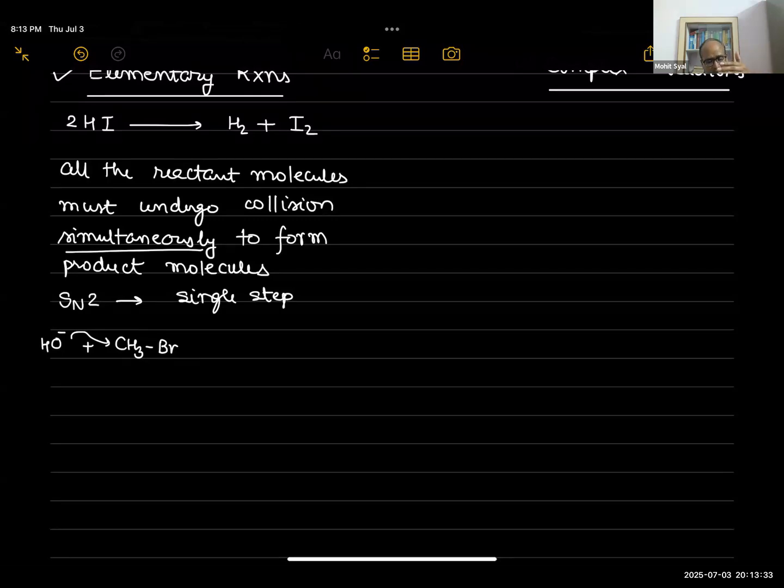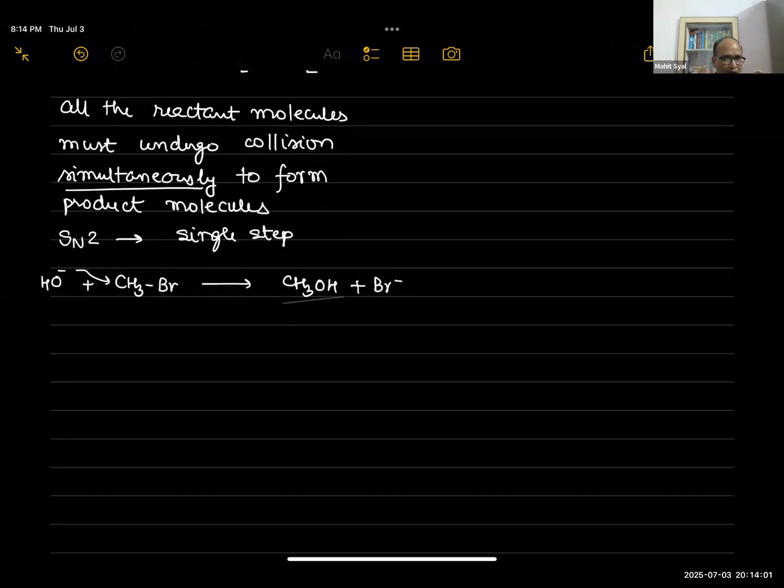So this must collide in just one step and form a product. Got it? So in between, if you try to click a picture of what is happening, you will see this.